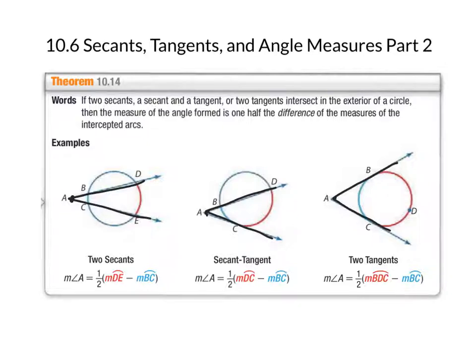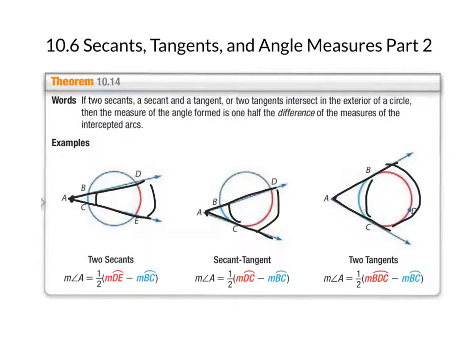The measure of angle A is always going to be half of the difference. So it's not an average anymore because we're not adding them, we're subtracting them. Half of the difference of arc DE and arc BC. And it's the same thing, arc DC and arc BC, or arc BDC and arc BC.